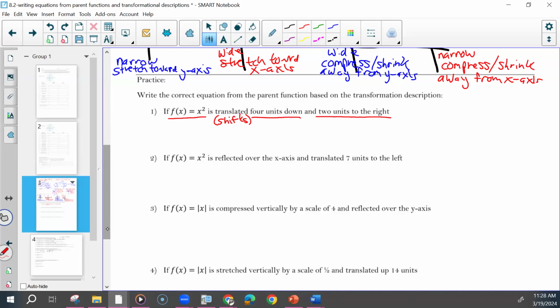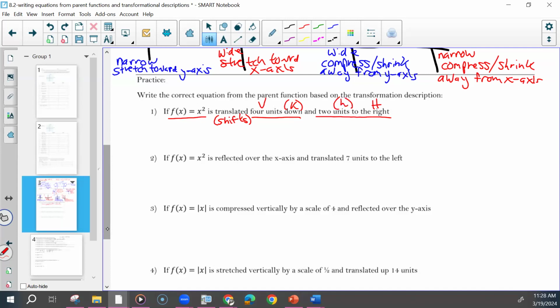So you have to decide what's horizontal, what's vertical, where's that going to go, what is that going to look like? So if it's going down, would that be vertical or horizontal? Vertical. And then to the right, would that be horizontal or vertical? Because these are both shifts, a vertical shift is your K value. A horizontal shift is your small h value.